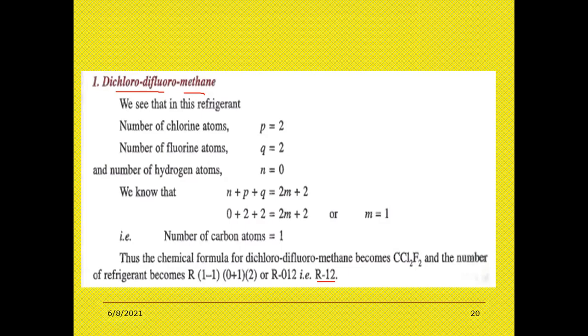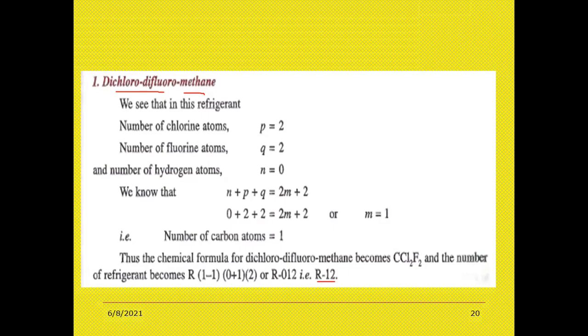Then the chemical formula for dichlorodifluoromethane is CCl2F2, and the number of the refrigerant becomes R01, and since there is no value in front, finally we say that R12 is the refrigerant for the above said application.